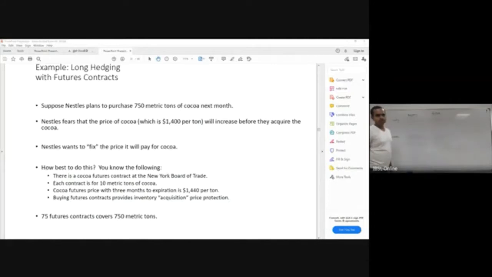They want to fix the price. There is a cocoa futures contract. Each contract is 10 metric tons, meaning they need 75 contracts. Cocoa futures for 3 months is 1,440. The inventory today is worth 750 times 1,400. The futures are 75 contracts times 10 metric tons per contract times 1,440.